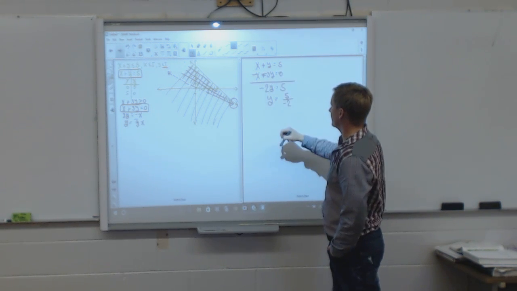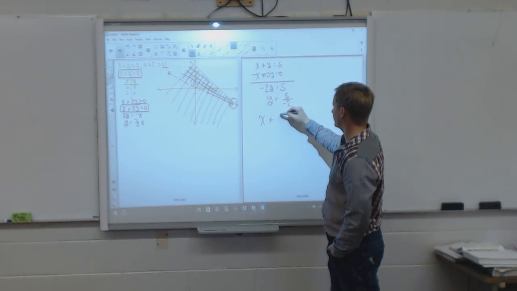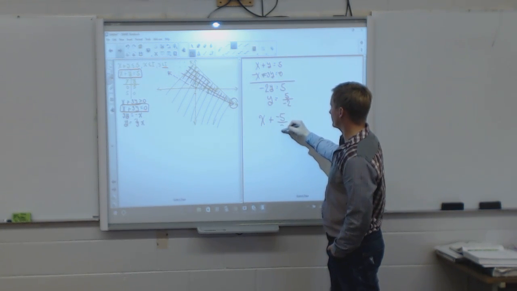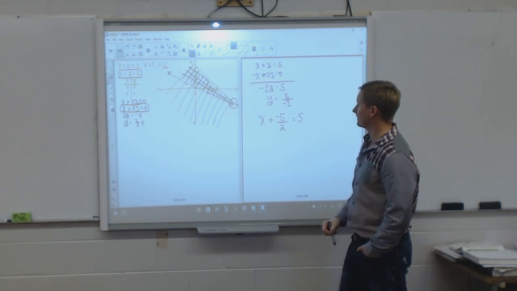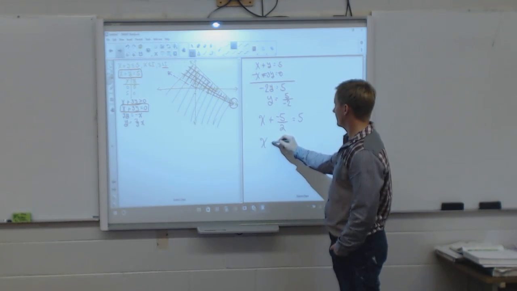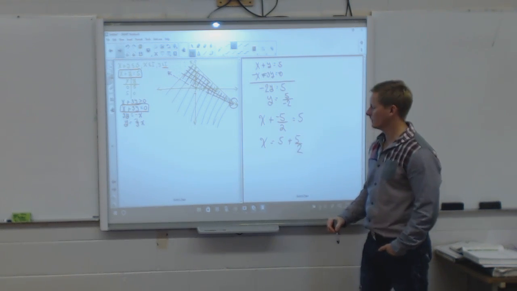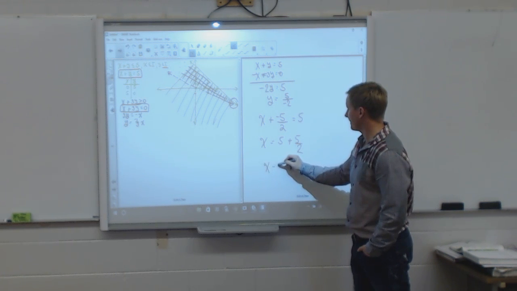So now I'm going to put it back into that equation there. X plus, instead of y, I've got negative 5 over 2 is equal to 5. Add that to this side. X equals 5 plus 5 over 2. Common denominator.